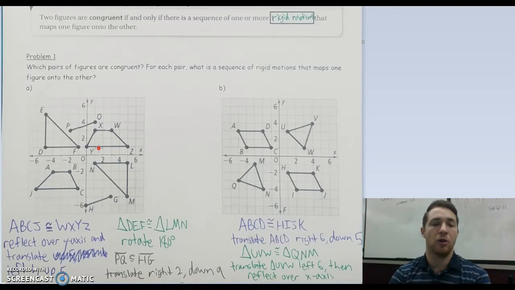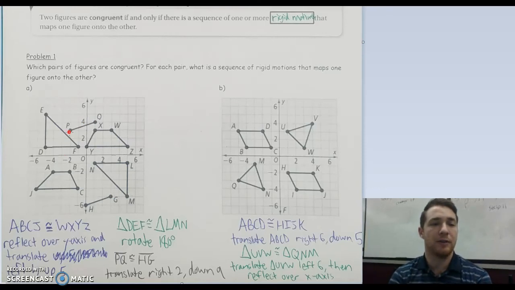So again, they're going to be congruent if I can take one figure and move it in a way that fits directly over the other figure. So second congruency that we find is those two triangles, DEF and LMN. Those are going to be congruent. And you could find either one by rotating them 180 degrees. So a 180 rotation will put one onto the other, and that would be congruent.